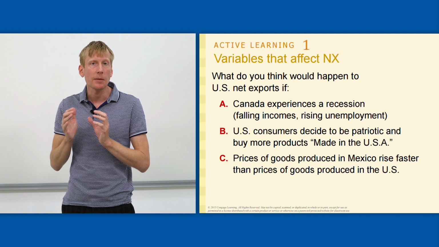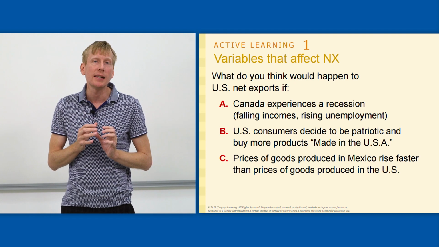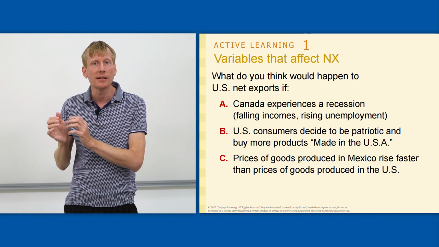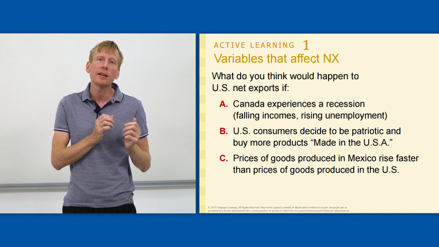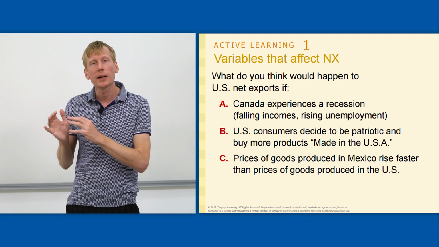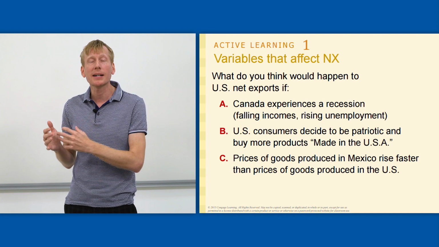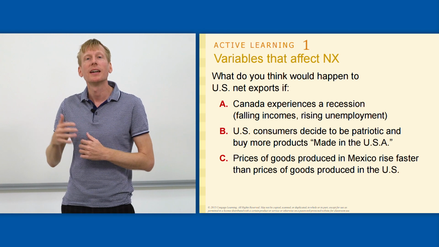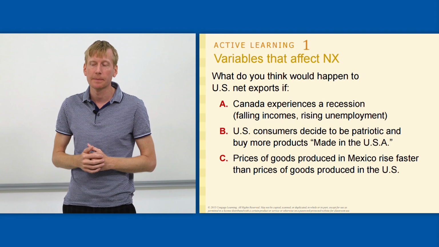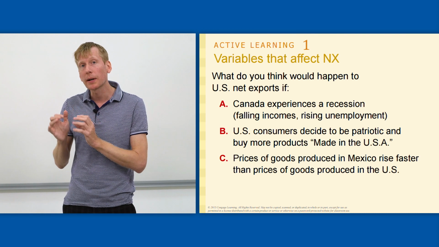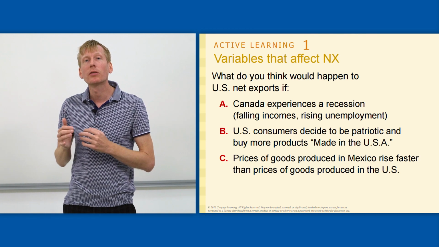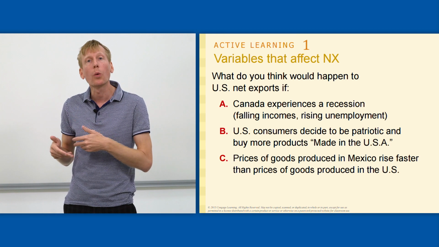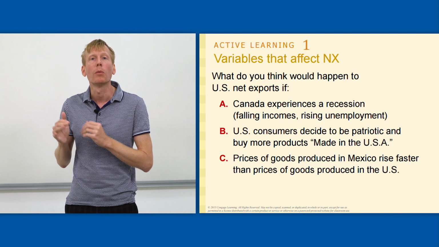That means, again, some consumers in the United States might substitute from buying Mexican things, imports, to buying American-made products. It might also be the case that some Mexican consumers might switch to buying American exports instead of buying Mexican products. In both cases, we would expect this to result in an increase in the U.S. net exports, either because imports fall or because exports rise, or both.